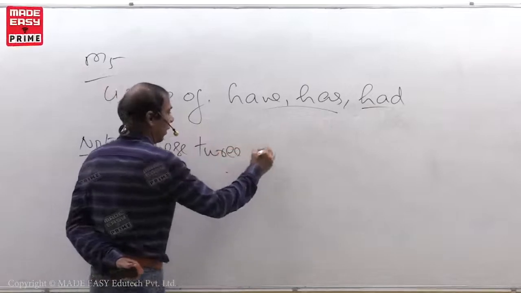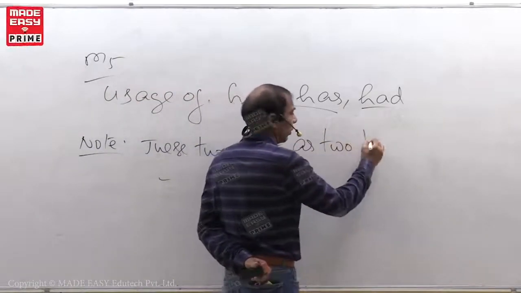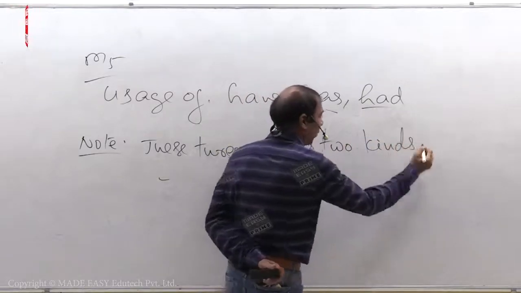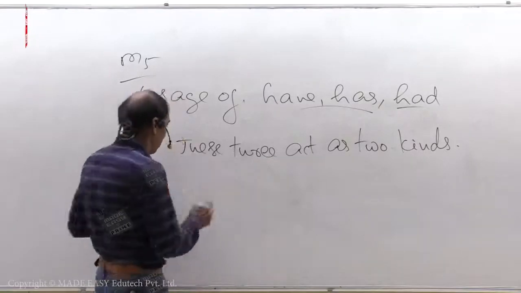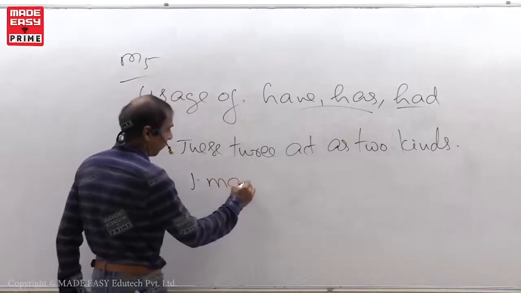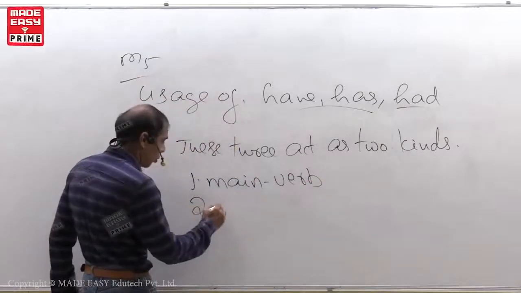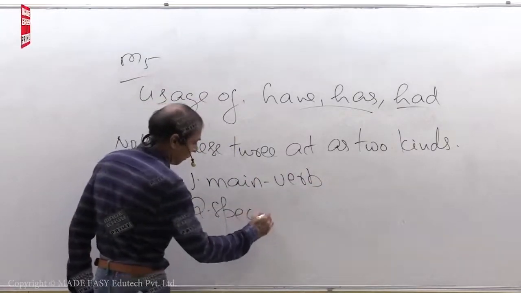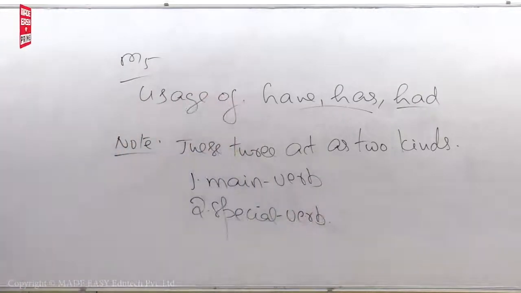These 3 act as 2 kinds. 1. Main verb. 2. Special verb. Main verb, special verb.